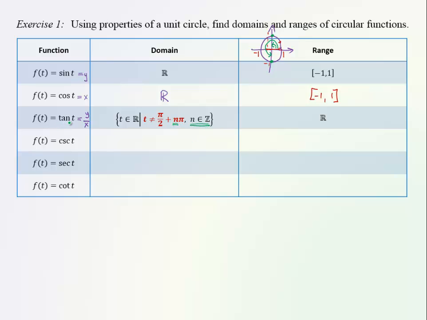What about the range of tangent? Well, if we produce the ratio y over x, for example, if our point is very close to the x-axis, then the y is very small and the x is nearly 1. So very small, nearly 0, yes, we can produce any number from 0 up to, and let's see what will happen when the point is close to the y-axis.